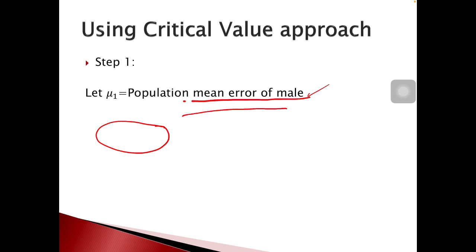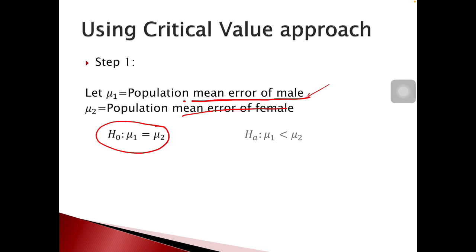What they ask goes to the alternative hypothesis. Low error means mu1 less than mu2. Because they ask something about low error. So always, what they ask goes to the alternative hypothesis. H naught is always mu1 equals mu2.